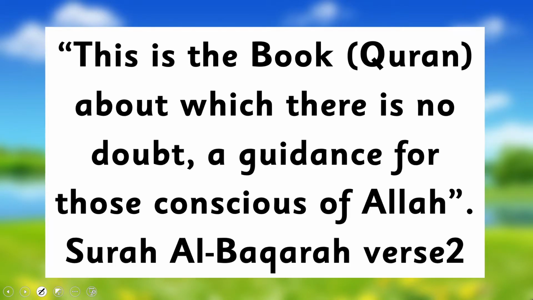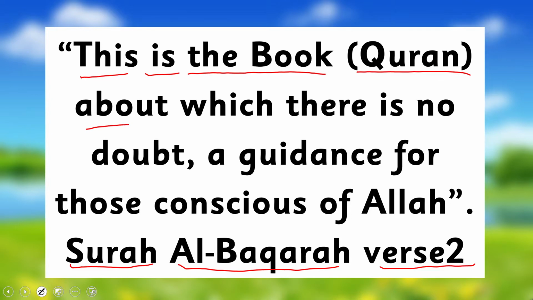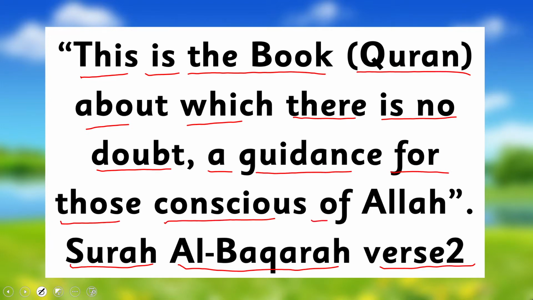Let's start with the name of Allah subhanahu wa ta'ala. Allah mentions in Quran, Surah Al-Baqarah, verse 2: This is the book, Quran, about which there is no doubt, a guidance for those conscious of Allah.